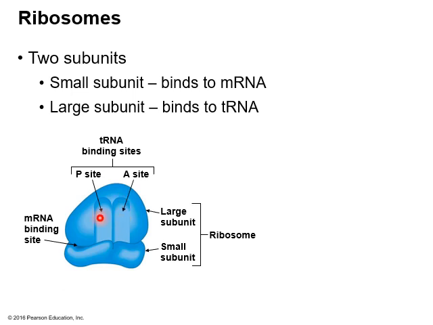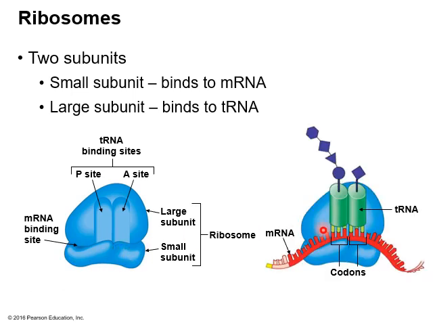So the tRNA binds within these 2 different sites on the large subunit, whereas the messenger RNA binds to the small subunit. And so this is then showing where everything fits in place. So here's the messenger RNA in red, here's the transfer RNA there in green, and these purple block things are the individual amino acids.